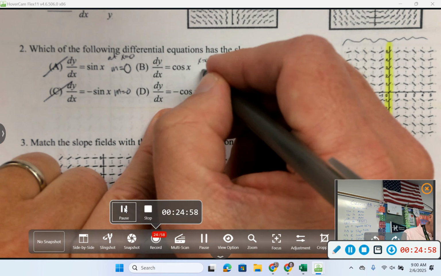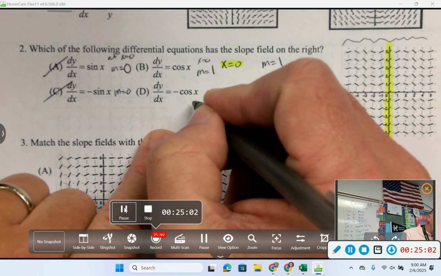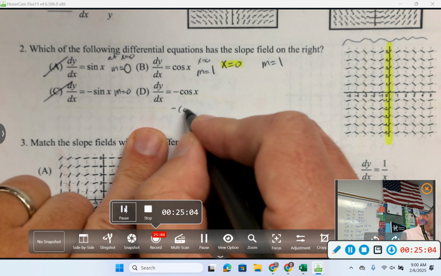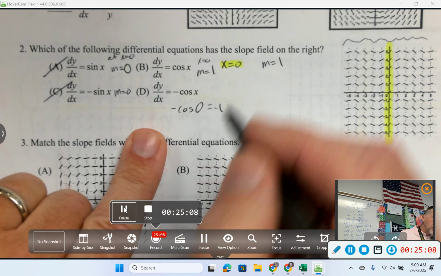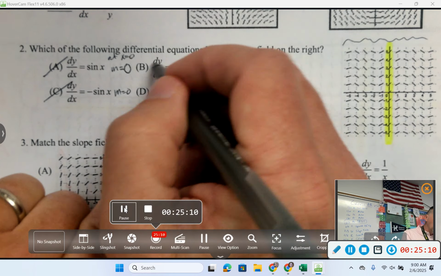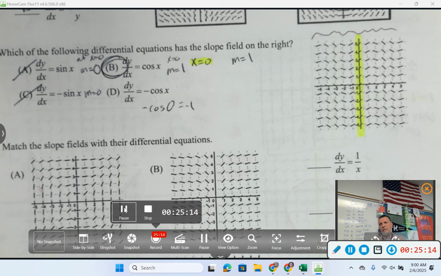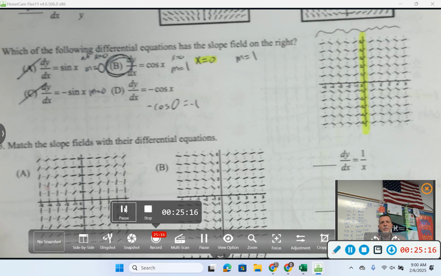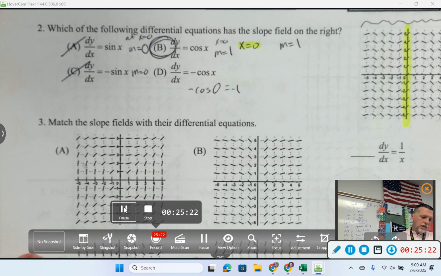So I think it's B, but we better make sure on D. Oh yeah, negative cosine of 0 would be negative 1. So the only one that has a slope of 1 at 0 is B. I was worried I was going to have to worry about pi and pi over 2, but it didn't matter. As long as I figured out what was going on at 0, we were good.